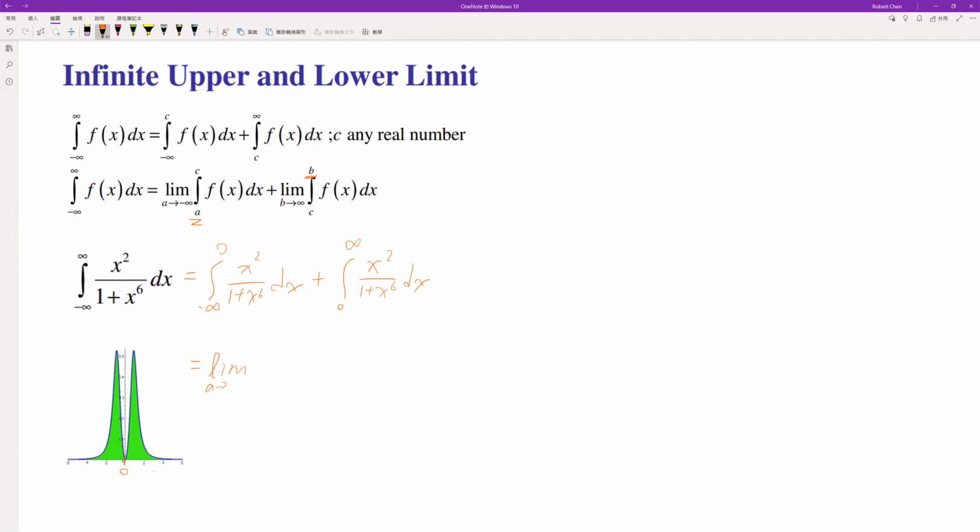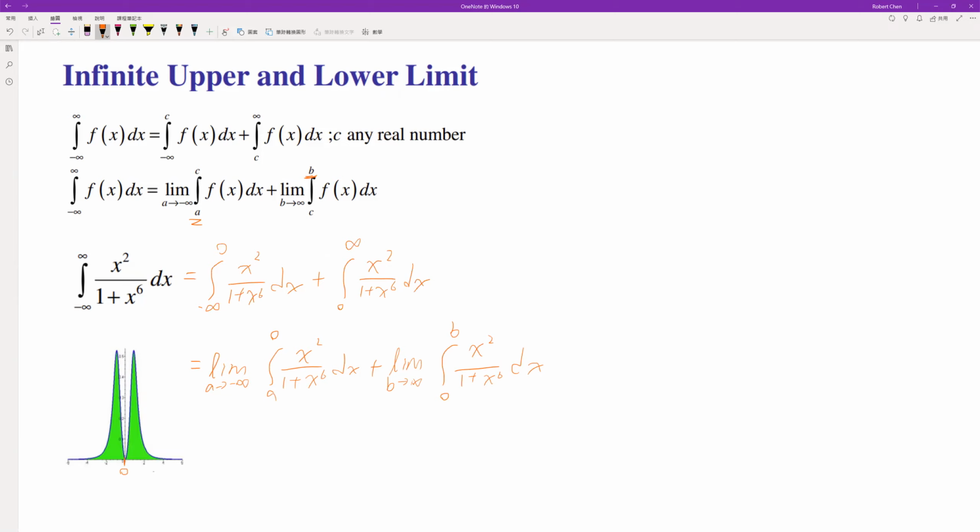Let's say the limit as a goes to negative infinity, and the integral going from a to 0. And the second one, I'm going to take the limit as b approaches infinity, and then the integral from 0 to b, of the same thing, dx.